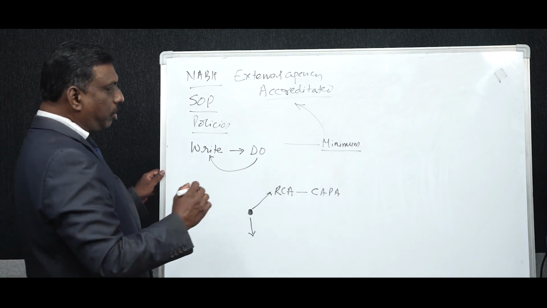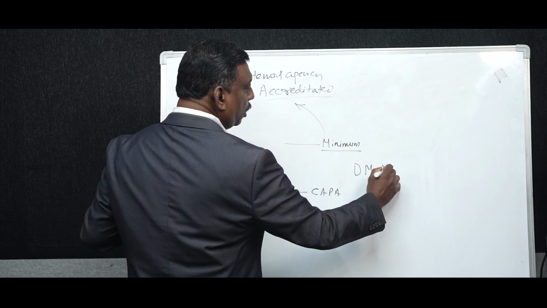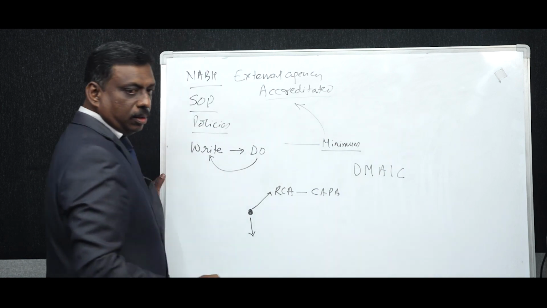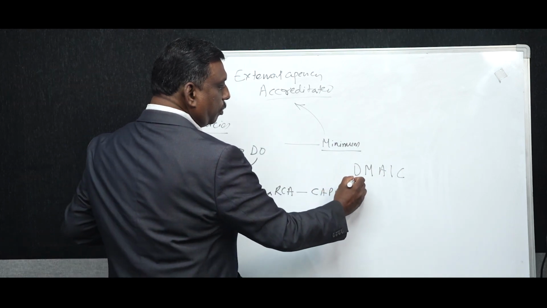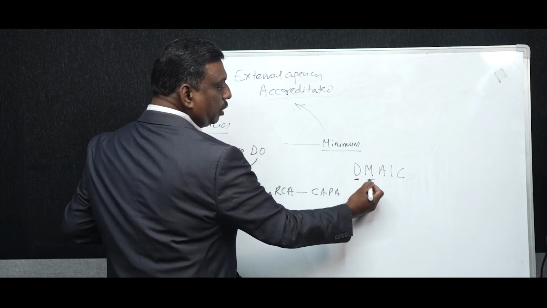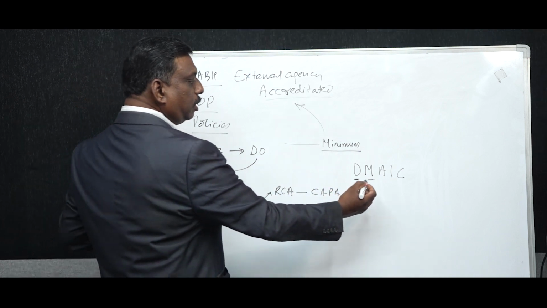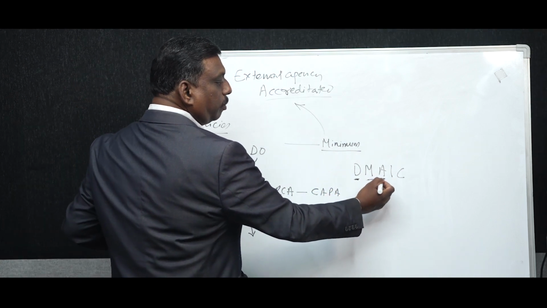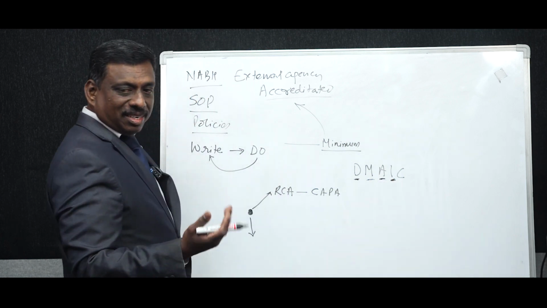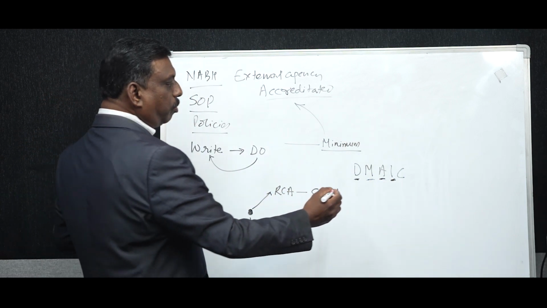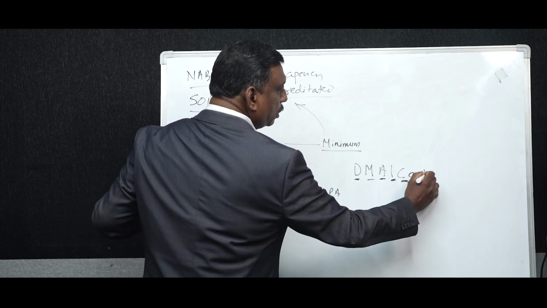So in Six Sigma we use a tool called define, measure, analyze, improve and control. In the define phase we identify the problem. In the measure phase we measure using various tools. Then we analyze the root cause of the problem. Then we suggest improvements through various sessions, and then we bring it to the control level using a control chart.